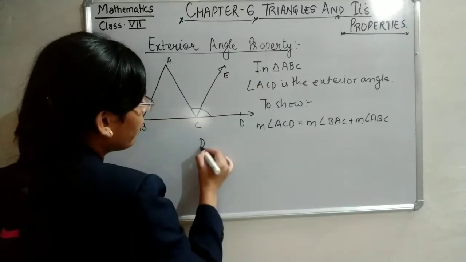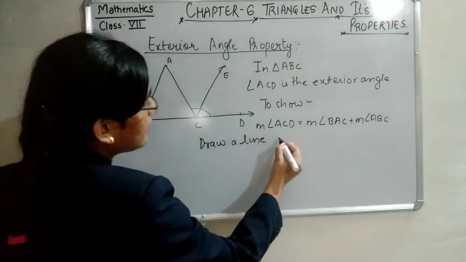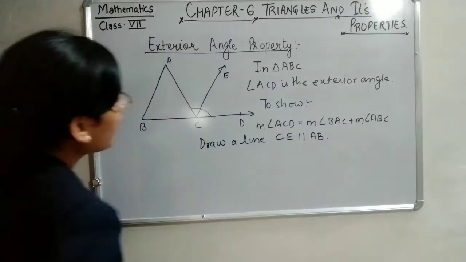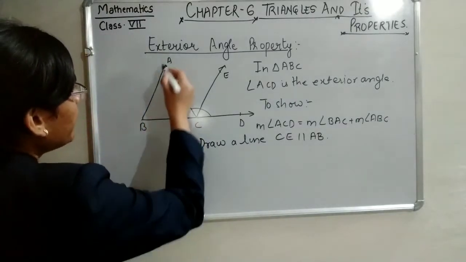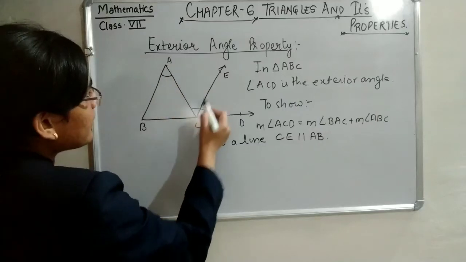So we have drawn a line CE parallel to AB. Now this angle BAC will be equal to angle ACE.